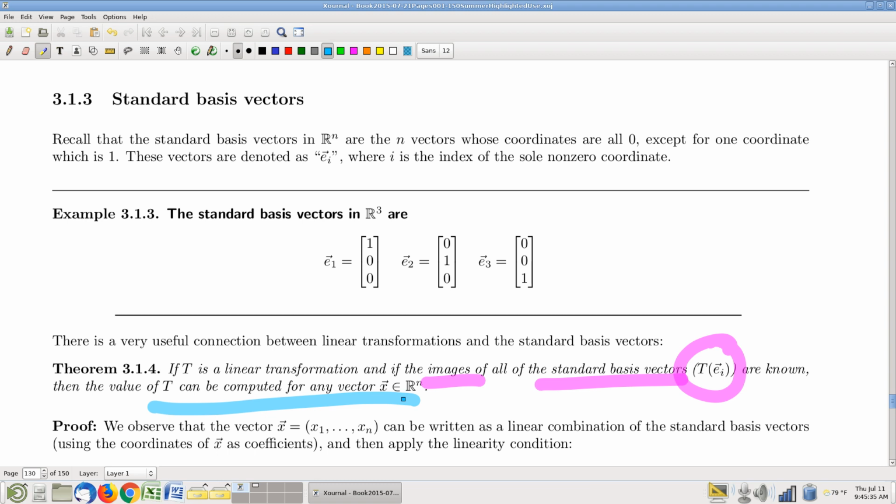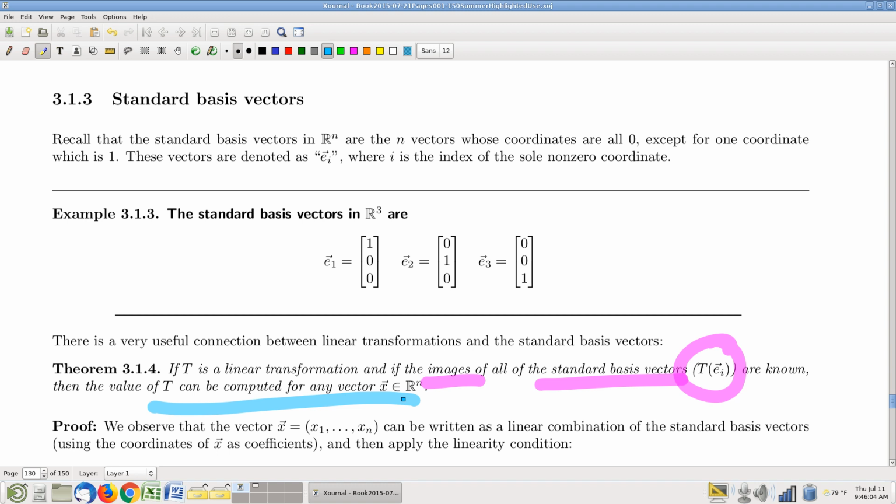So, you think of a linear transformation that's defined on all of the infinitely many vectors of R3, let's say. This is your linear transformation. You think about it. Don't tell me what it is. Right? And then I'm going to ask you to tell me what's T of E1, what's T of E2, what's T of E3, and then I'll tell you exactly what your linear transformation is. Presto. Right? It's kind of like a magic trick.